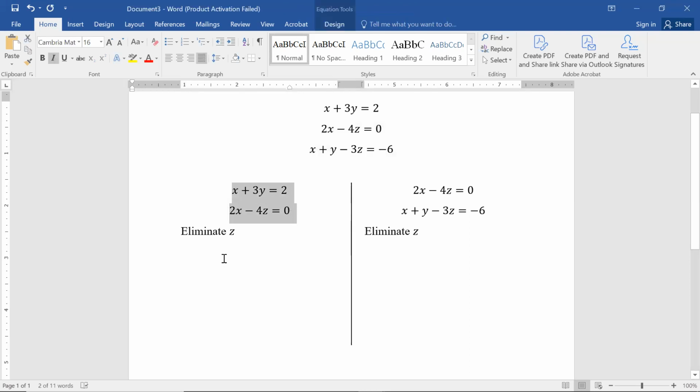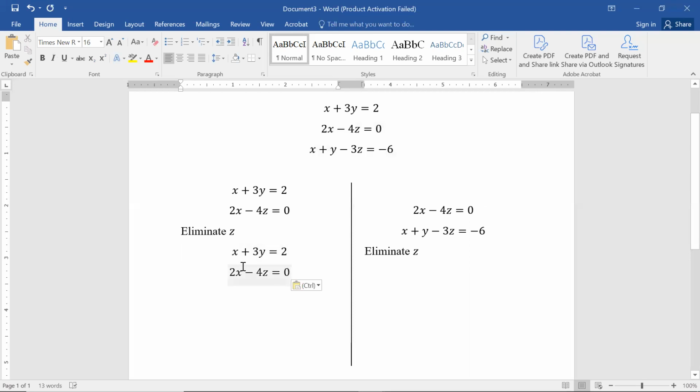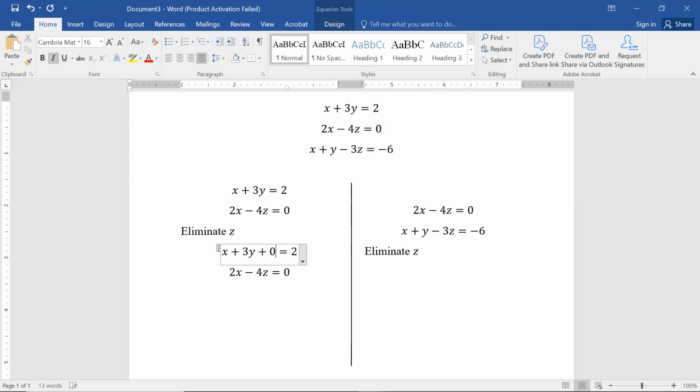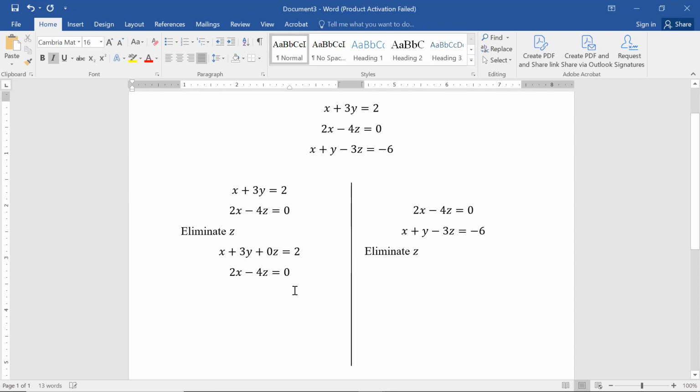In equations 1 and 2, when we set this up, you could think of the first equation being x plus 3y plus 0z's equals 2. In the second equation, this is 2x minus 4z equals 0.